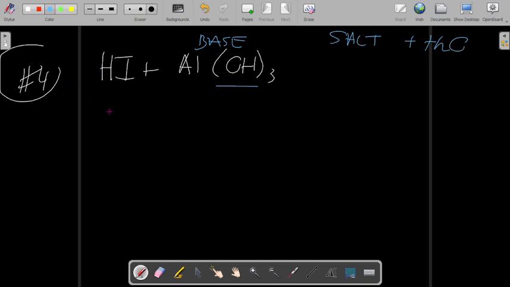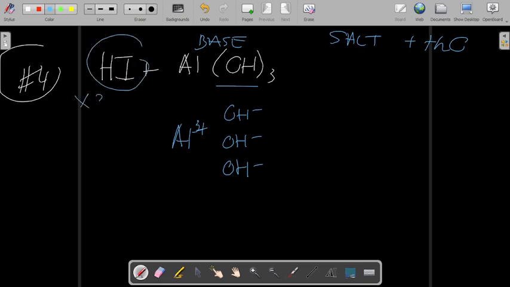The first thing is break everything apart. You have 3 of these, 1 aluminum, positive 3, and then you have this right here. That's where the hydrogens are coming from, this acid right here. To make each hydroxyl happy, you're going to need 3 of these. You need these times 3.